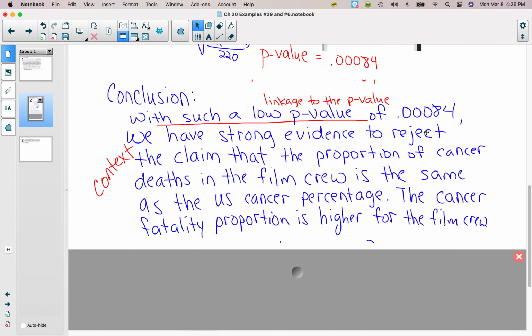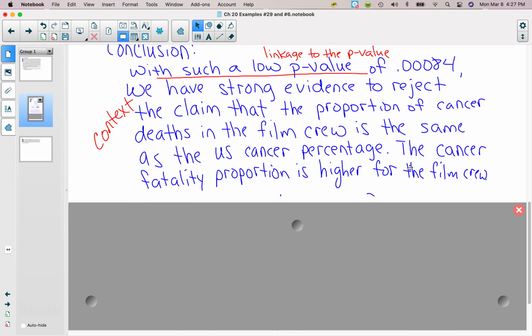But it's extremely important that you make a decision. So I'm rejecting the null hypothesis, I am accepting the alternative, and I am linking that to my low p-value. That's my evidence that I have to reject the null hypothesis. You absolutely have to have context. Make sure that the context is in your conclusion.